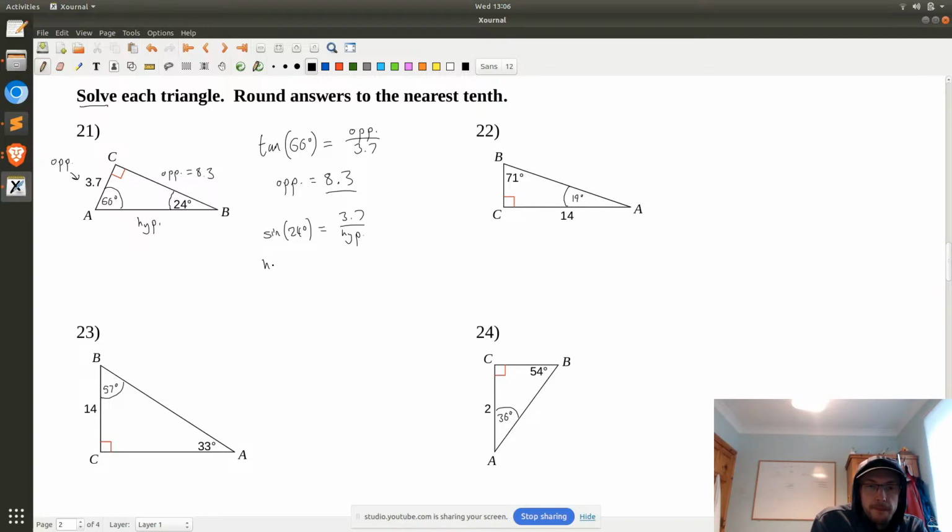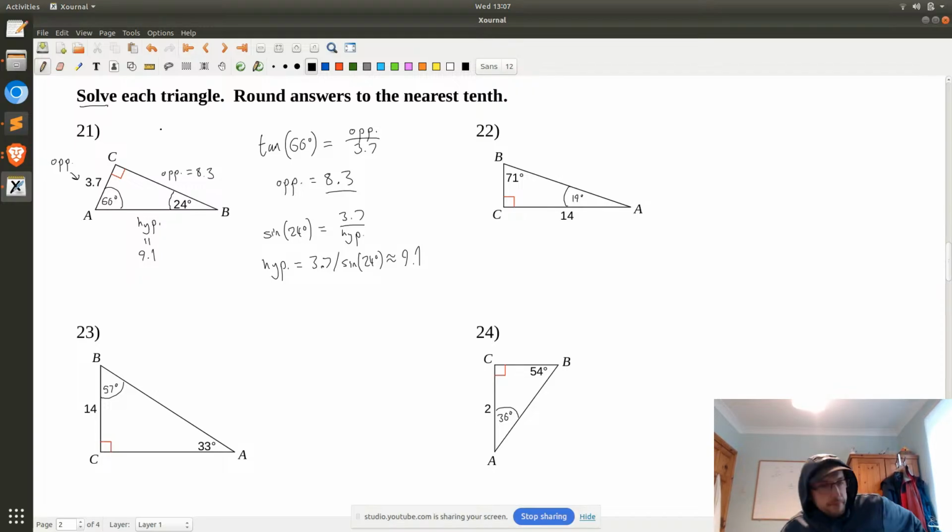So the hypotenuse is 3.7 over sine of 24, which is 9.1. And that solves that triangle. All the lengths are known, all the angles are known.